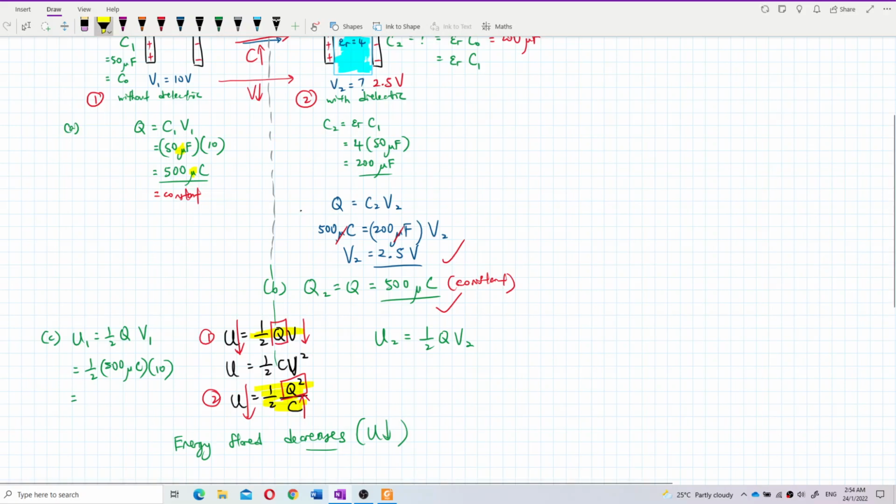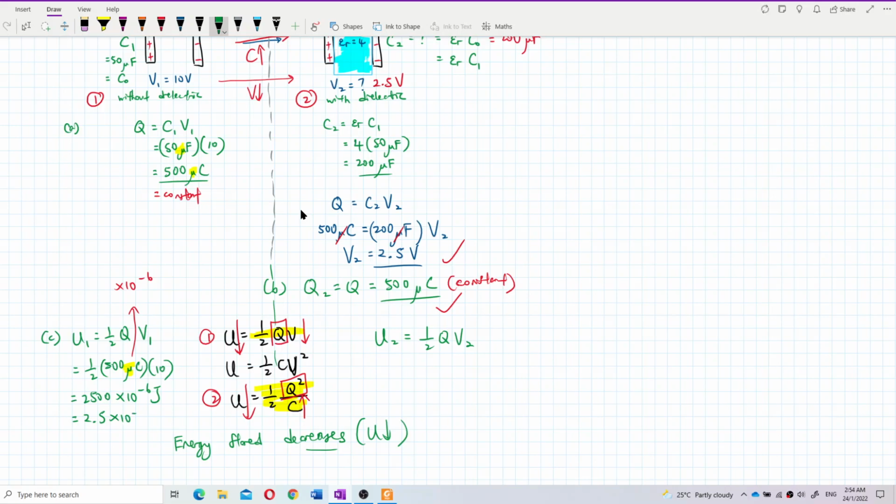This micro here is exponent negative 6. Don't forget to change to SI unit. So 500 multiply 10 divided by 2, I got 2500 exponent negative 6 joule. So it is 2.5 exponent negative 3 joule.